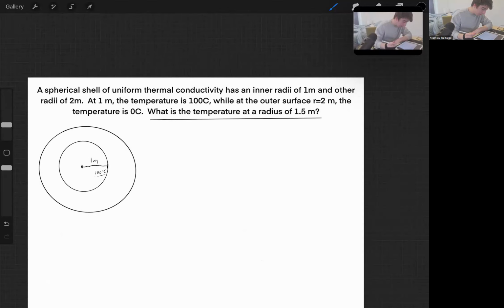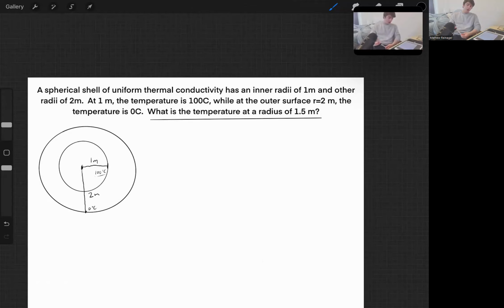That's what we're told. Now for the outer radius, we're told that it is 2 meters and that it is at 0 degrees Celsius. Okay, so how do we solve for any temperature that's in between?